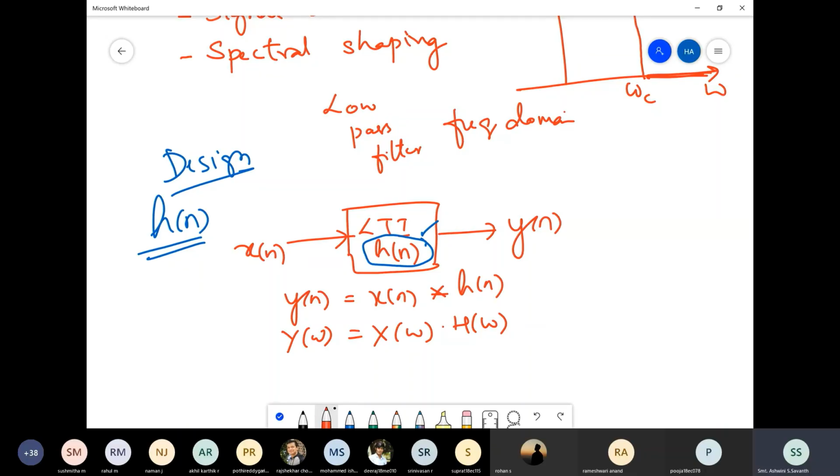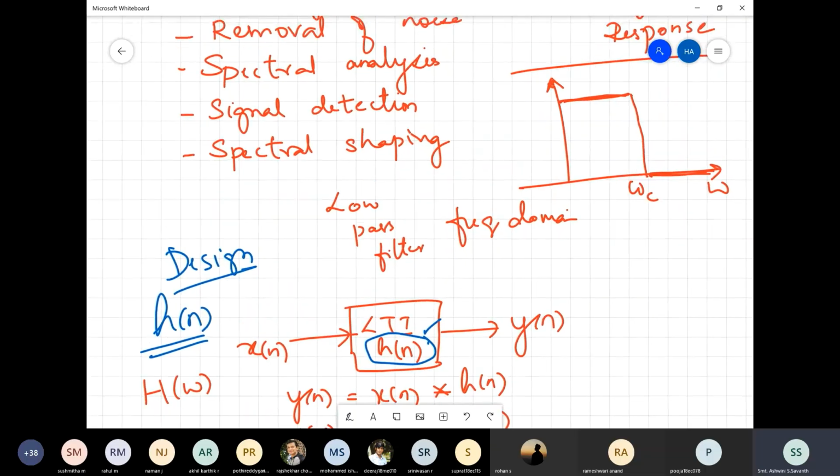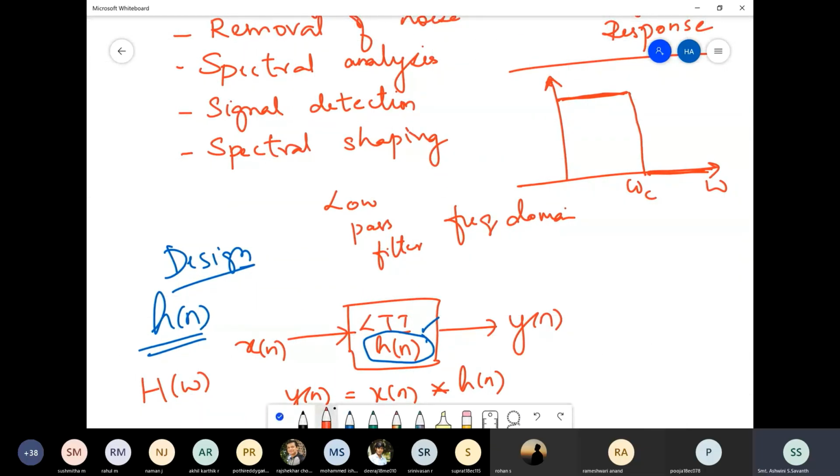So what are we interested in here? To find H of omega. The frequency response which I wrote here for a low pass filter is nothing but H of omega, the desired frequency response which you have to design.